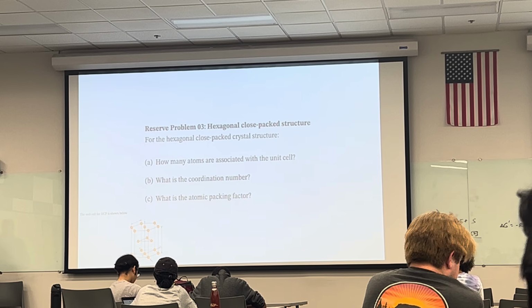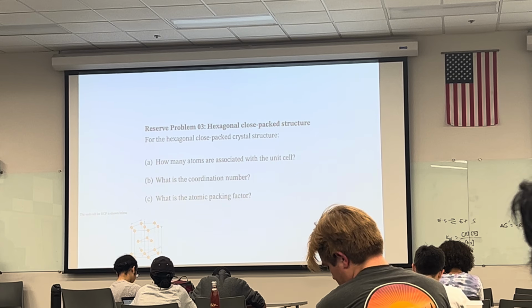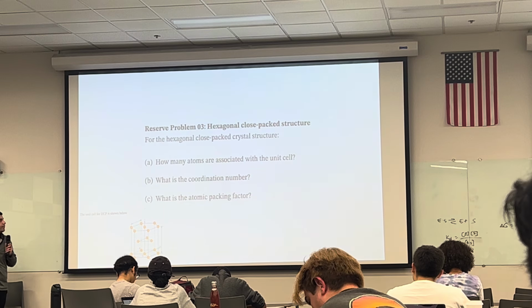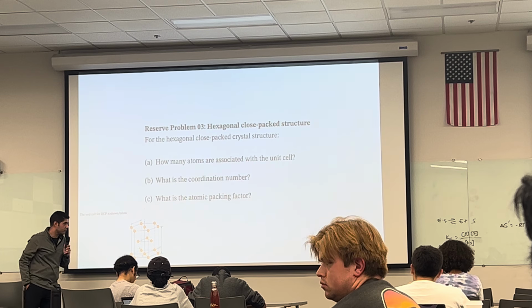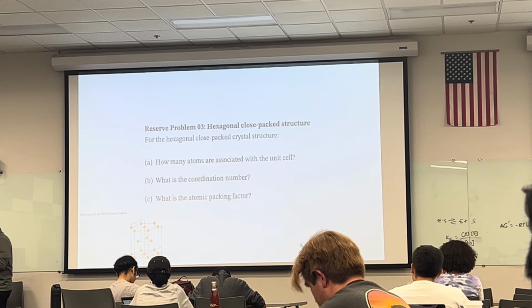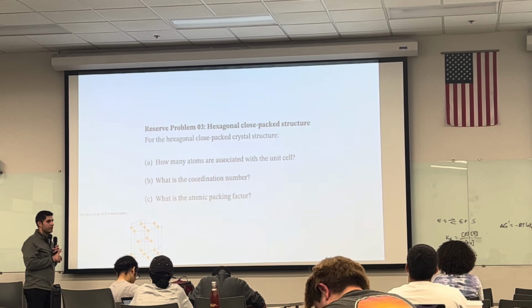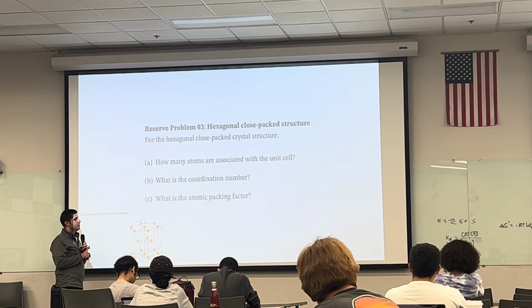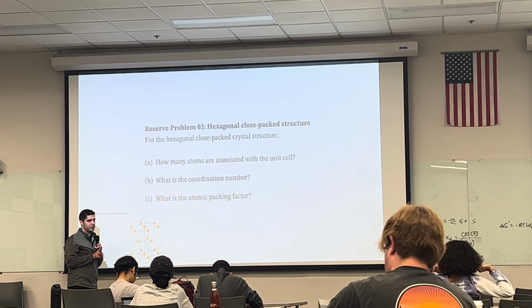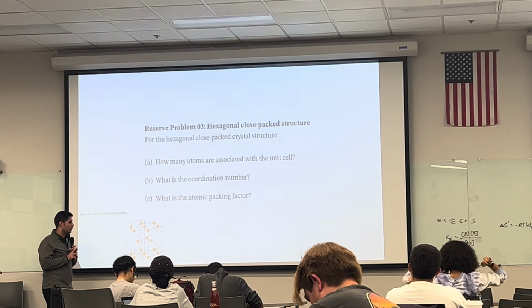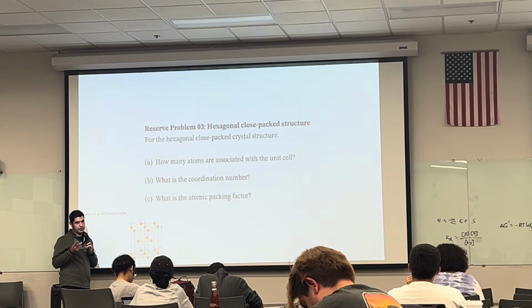Okay. And the last part is asking about APF. So for the APF, again, we have to do the same thing. We have to find the volume of the unit cell, and also we have to find the relation between the volume dimensions. Here we have 2 dimensions.